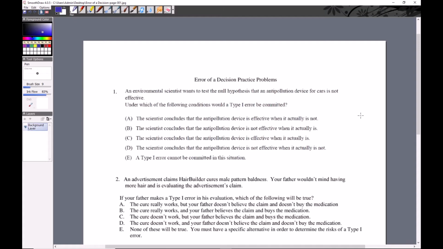An environmental scientist wants to test the null hypothesis that an anti-pollution device for cars is not effective. All right, so let's just start out to get these things right. Let's just go ahead and write out H0 and HA. So H0, and we'll just say device is not effective.